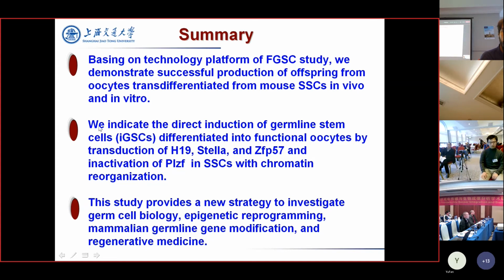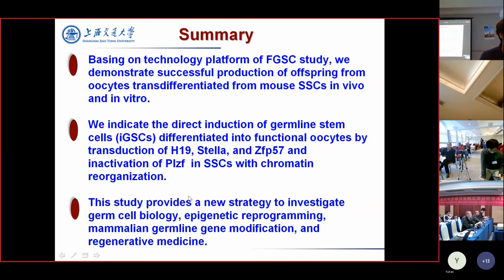We indicated the direct induction of germline stem cells differentiating into functional oocytes by transduction of H19, Igf2 and Zfp57, and activation of PLZF in SSCs with chromatin reorganization.